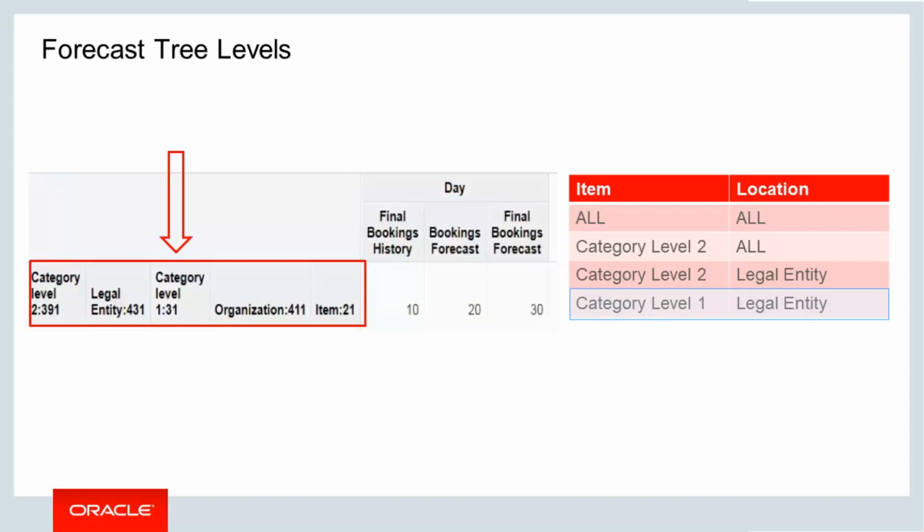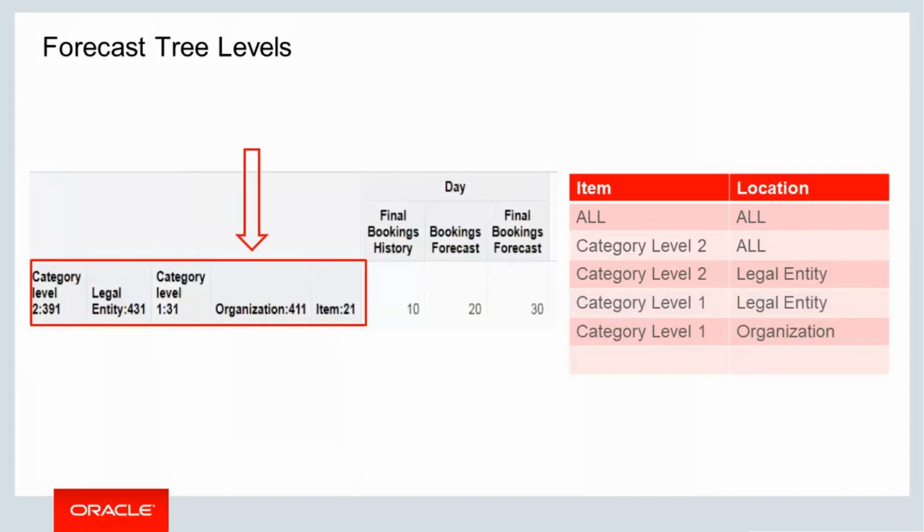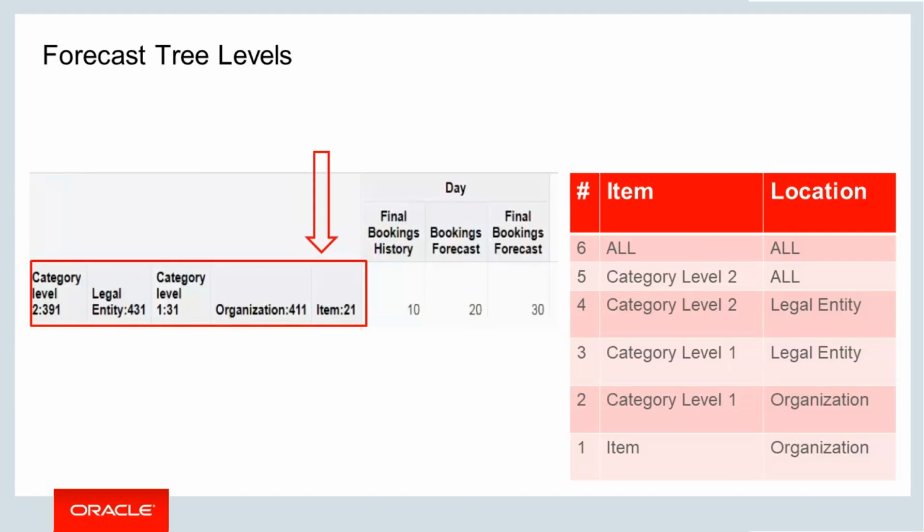As we see, item and location levels are substituted one at a time, depending on the level on the y-axis. Moving along the y-axis, our next forecast level is category level 1 organization. And the last, or actually first, forecast level is item organization.